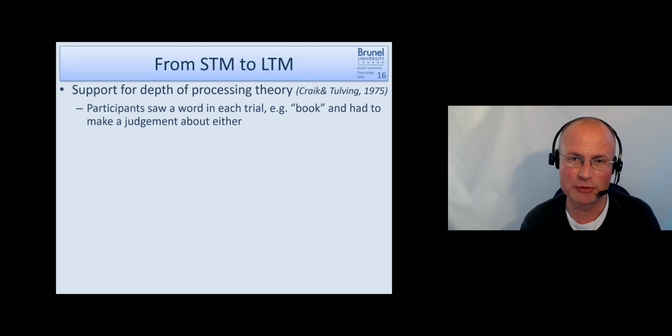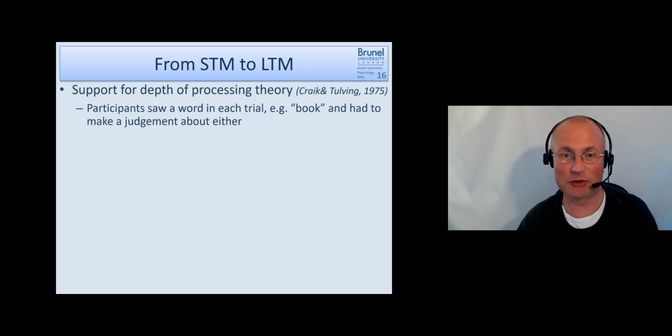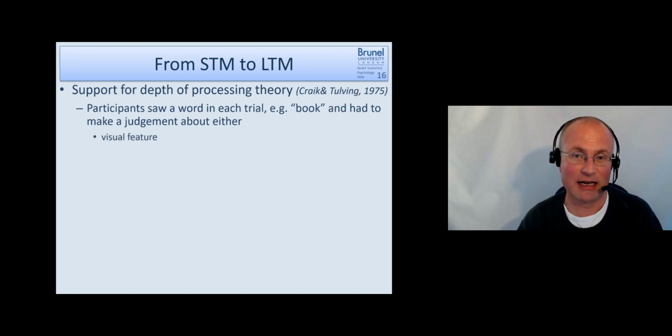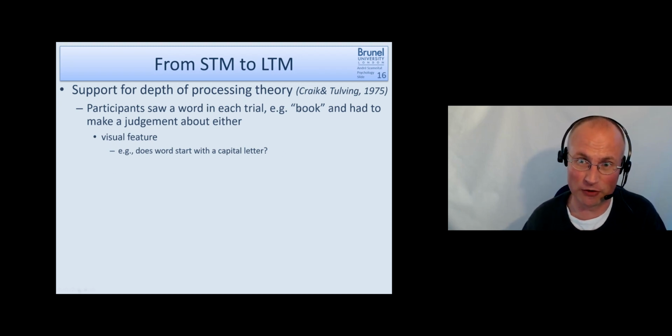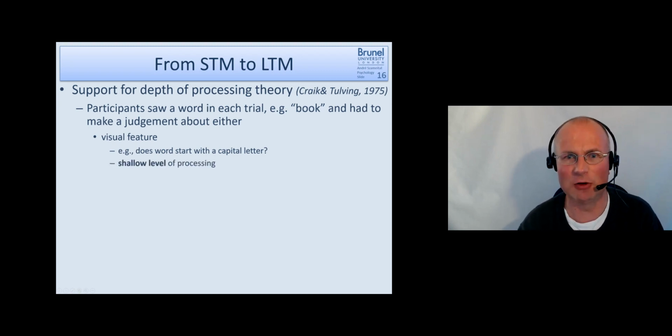These judgments differed in the amount of processing required. It could be a judgment about the visual feature. As an example, does the word start with a capital letter? So they probably sometimes had book in small letters and sometimes capital letters. This is a very shallow level of processing. Technically, I don't even need to read the word for that.